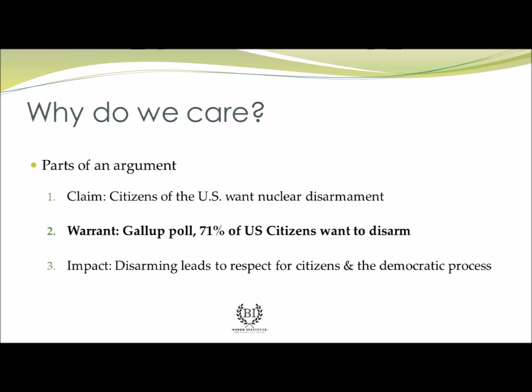That warrant is what tells us this is really what citizens want. It's the why, it's the backbone of the argument. Now, if I don't have the warrant, this whole contention doesn't make sense, right? Citizens of the US want nuclear disarmament. Well, prove it, right? So really, evidence should be, and is, some of the most important parts of debate. At least in my mind.